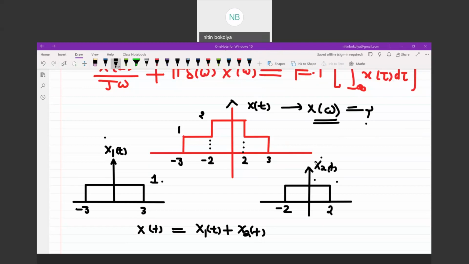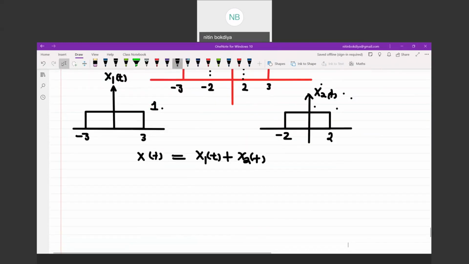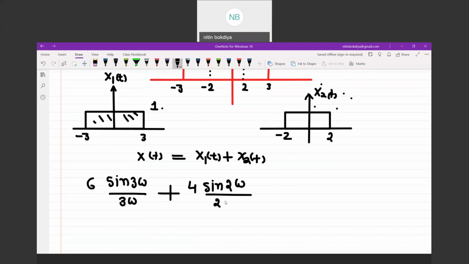Now we can add these two. I can say x1 of omega will be, the area written outside the function, so this is 6 into sine of 3 omega divided by 3 omega. And what is the Fourier transform of the other function? 4 sine of 2 omega by 2 omega.